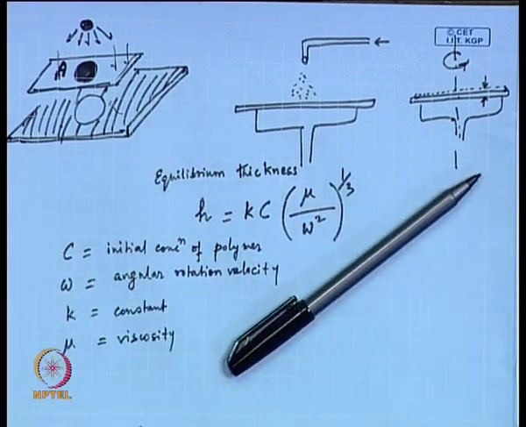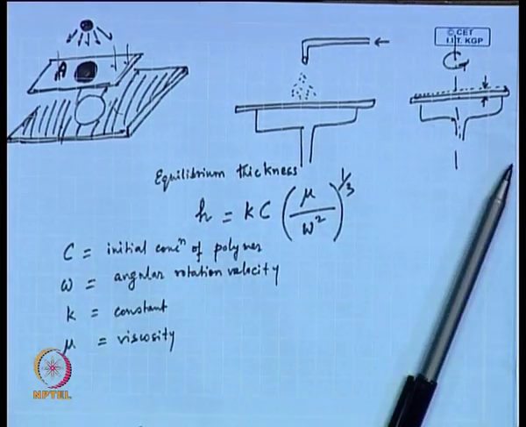So if somebody tells you that you are getting a certain equilibrium thickness after running at, say, 5000 rpm, and asks what would have been the thickness if you had done it at 9000 rpm instead, using this formula you can calculate it. Can you tell me whether it will be higher or lower?